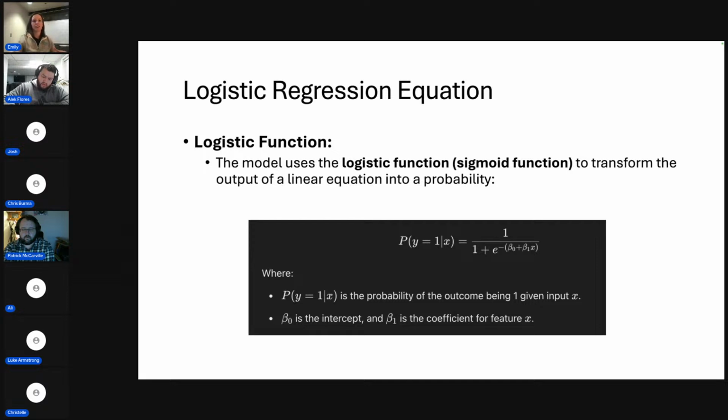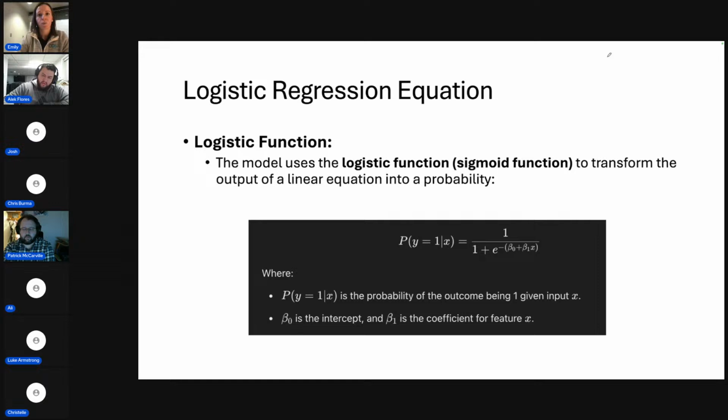So in this case, the model is going to use the sigmoid function to transform the output of our linear equation into a probability. So the formula here is 1 over 1 plus e to the negative, and then there's our formula. I'm going to draw on this. I only have a trackpad, so forgive me here.